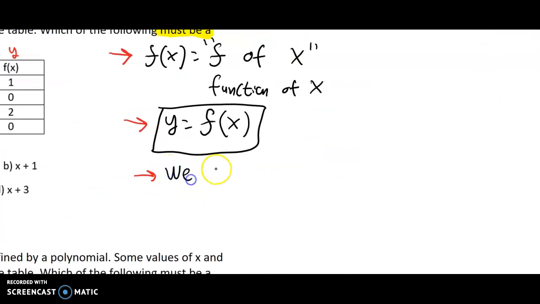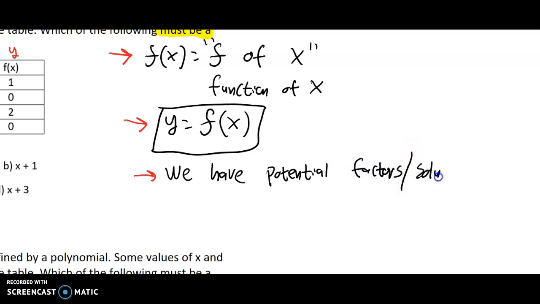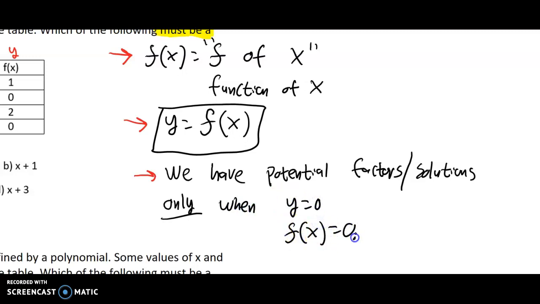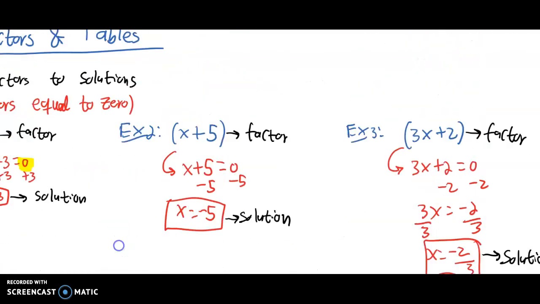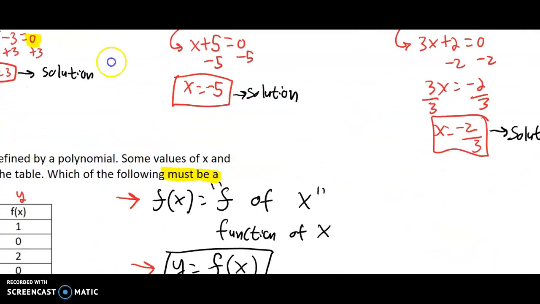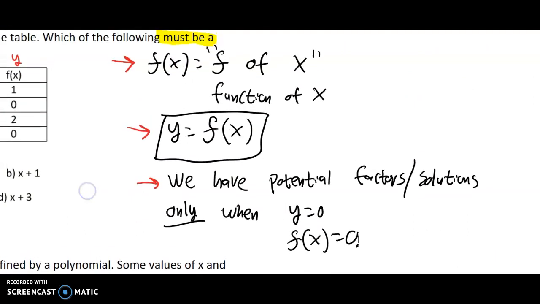So we're going to say we have potential factors slash solutions, because they come in those pairs, only when y equals 0. Another way to write that is when f of x equals 0. It's the same reason that we're setting these equal to 0 up here. We're making the y part equal to 0.